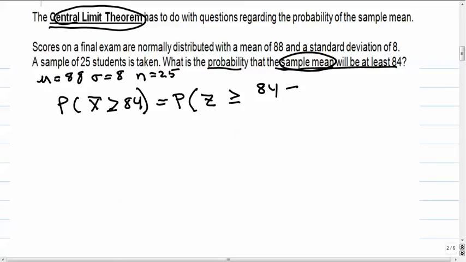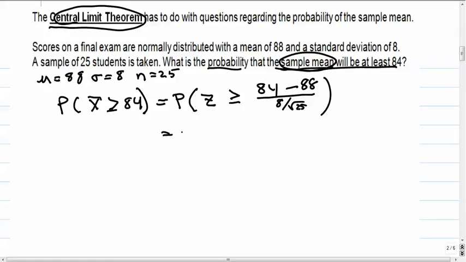All right, so again, I need to convert this using the central limit theorem to a standard normal distribution. So the data value 84 minus the mean, which here is 88. Then we divide that by the standard deviation, which is 8, divided by the square root of n, which is 25.